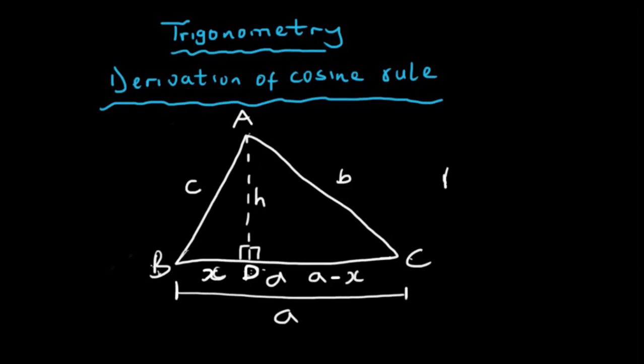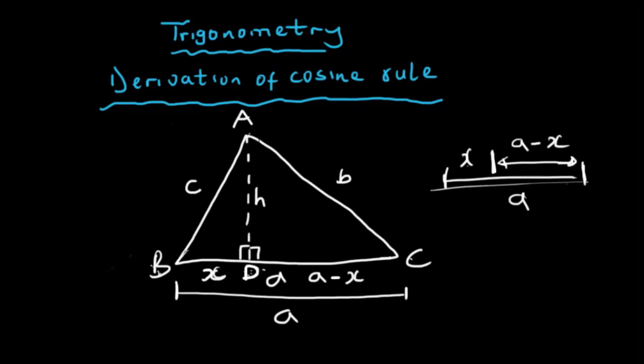If I know from here to here to be A, and from here to here to be X, it means from here to here will be the full length, which is A minus X. So A minus X. Does this make sense?